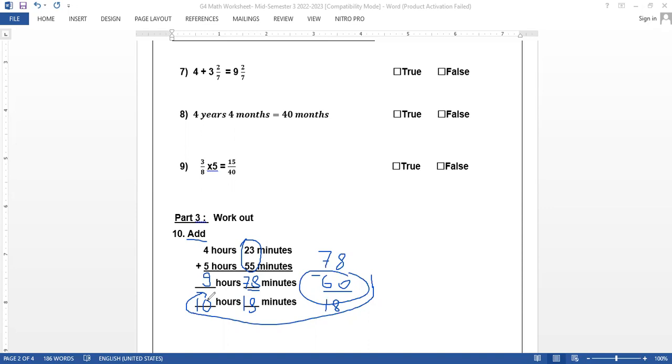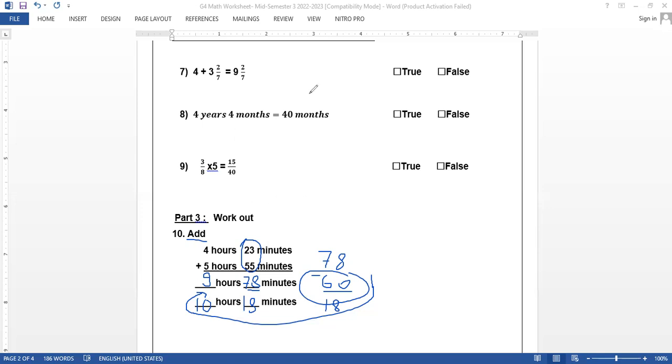Be careful when you add the minutes, if the minutes are more than 60, we have to rename them as hours. Each 60 minutes represent 1 hour. So here, because of that, I subtracted 78 minus 60, which is 1 hour, and it becomes 18. So I'm left with 18 minutes and 1 hour. This 1 hour will be added to the hours.